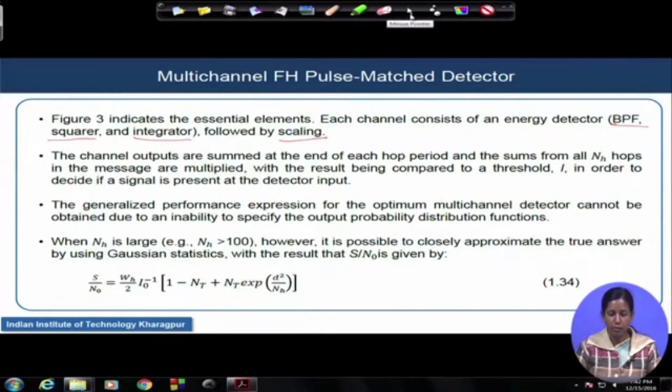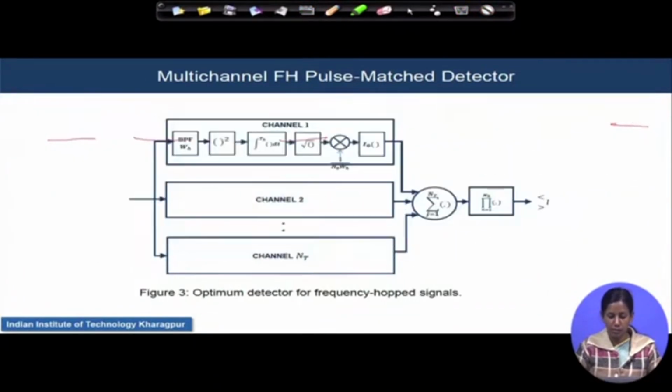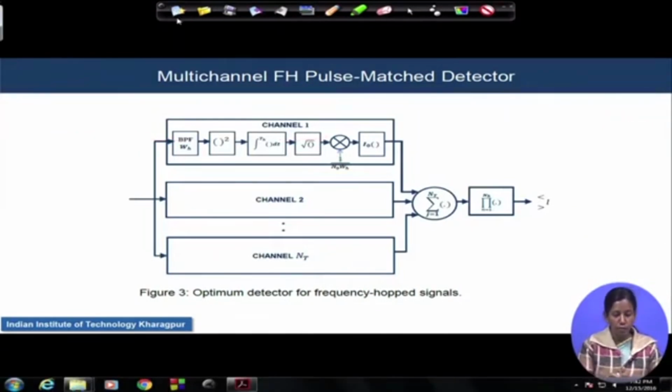Let us have a look into the detailed circuitry in figure 3, then we will realize it. Inside each and every channel, we saw in the earlier graph that there are independent channels, and the choice of k is such that the number of channels will be equal to the number of hops in the whole WSS.